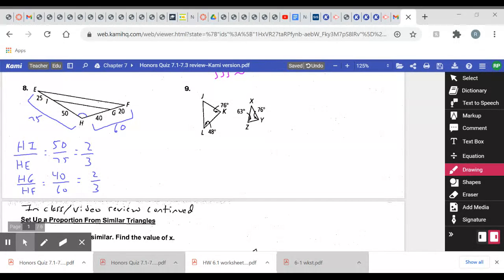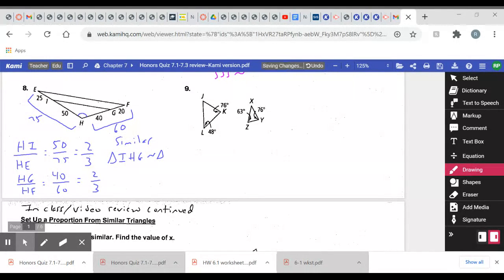So because the two sides have the same scale factor and the angle right in the middle is congruent for each, then I can say, yes, these figures are similar. I can give the similarity statement. Be careful with the order of the letters. I can say IHG is similar to.